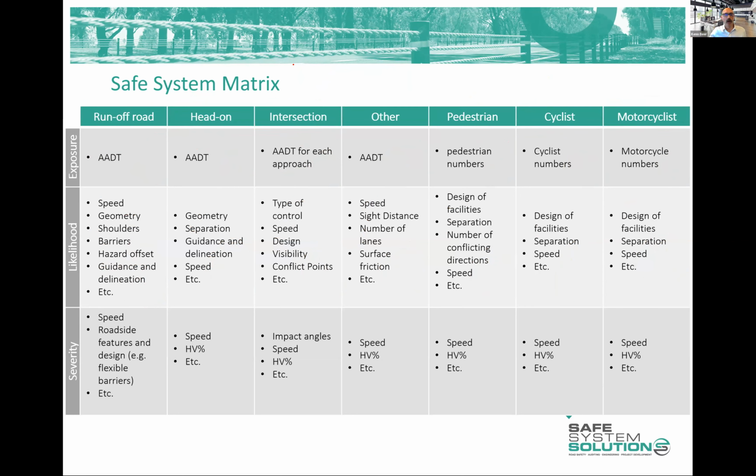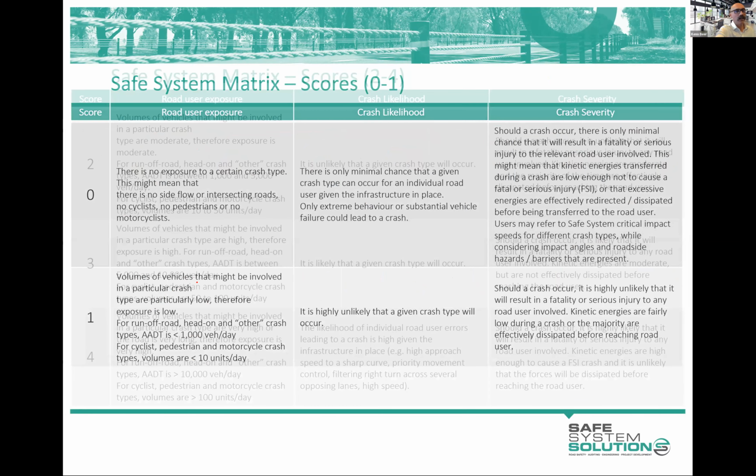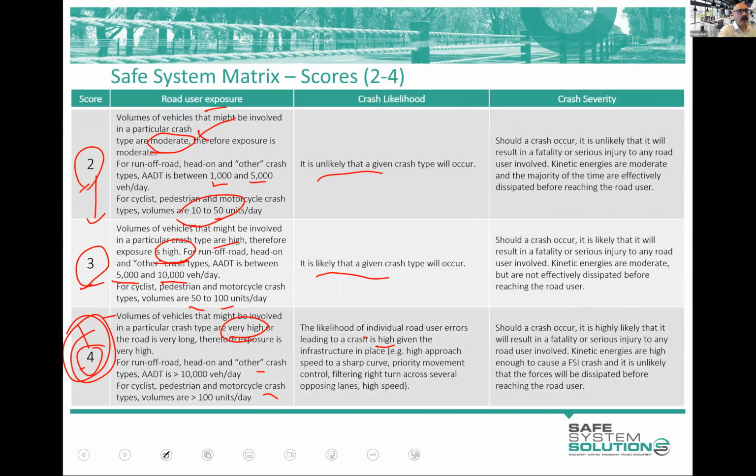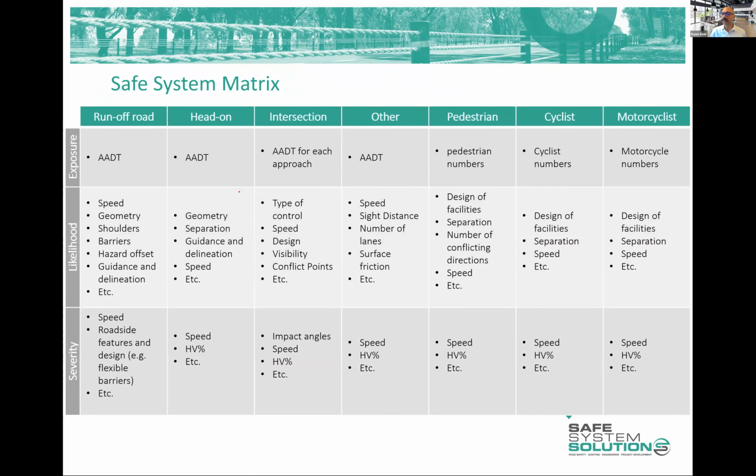I want you to think more about where exposure is particularly low, moderate, high, or very high, and use these as a bit of a gauge. Because there's a fairly big range in there, it shouldn't really matter a whole lot. I hope that helps.